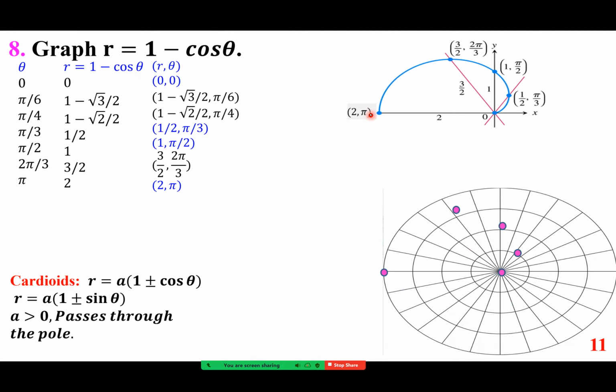We can discuss the symmetry as follows. If we replace theta with negative theta, 1 minus cosine of minus theta. Cosine of minus theta is the same as cosine of theta, and nothing changes.